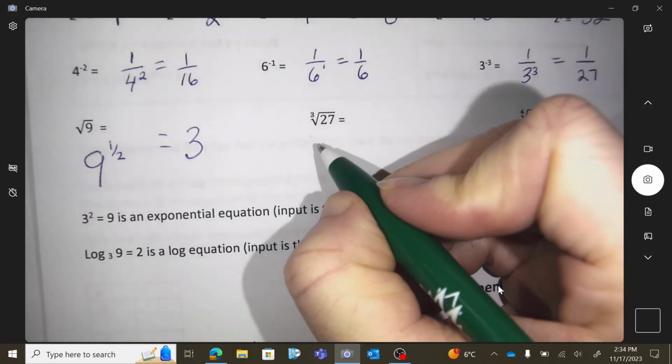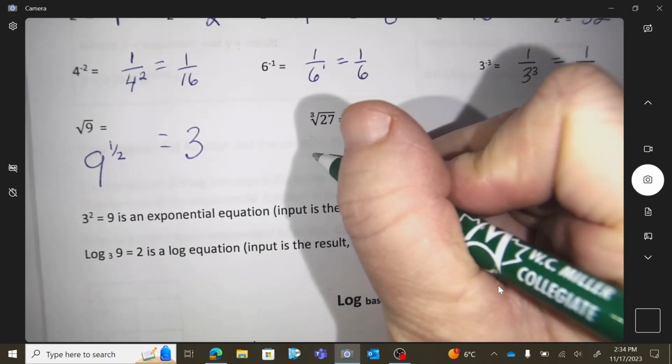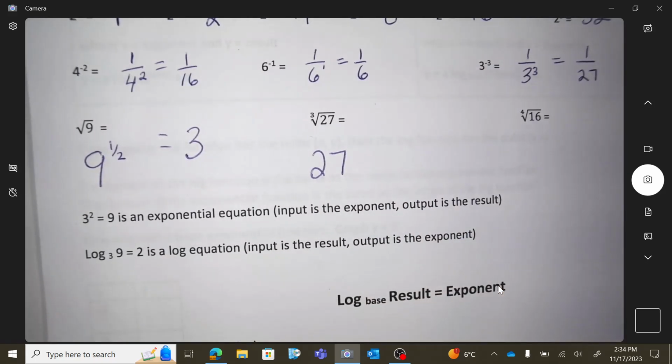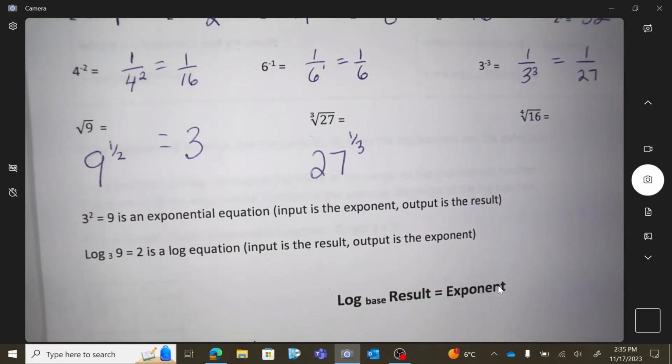Okay. This is the cubed root of 27. Does anybody know how else I could write a cube root as an exponential? 27 to the 1/3. So radicals become fraction exponents.